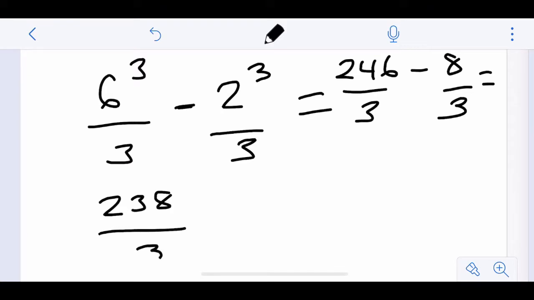And your final answer would be 208 over 3, which is close to 69, which means our approximation was close to the actual answer.